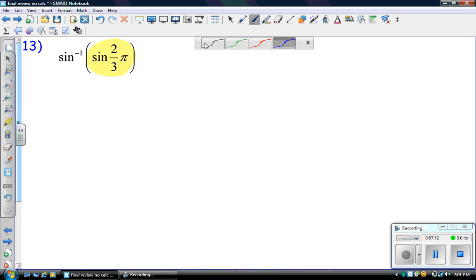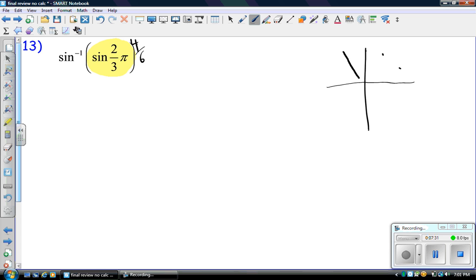Okay, so for this part, I'm just going to draw coordinates. 2 pi over 3, that would be 4/6. So 1/6, 2/6, 3/6, 4 pi over 6. So this will give us a 60 reference.